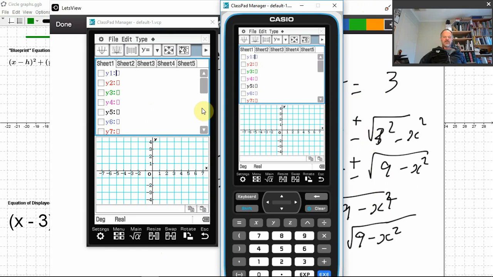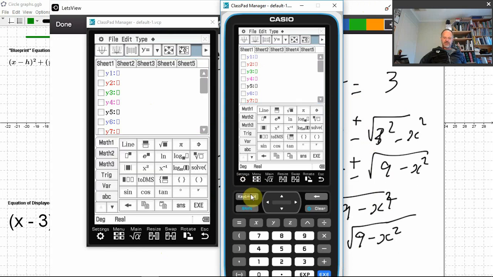So this is going to be the plus square root of 9 minus x squared. And then the next one is going to be the negative square root of 9 minus x squared.